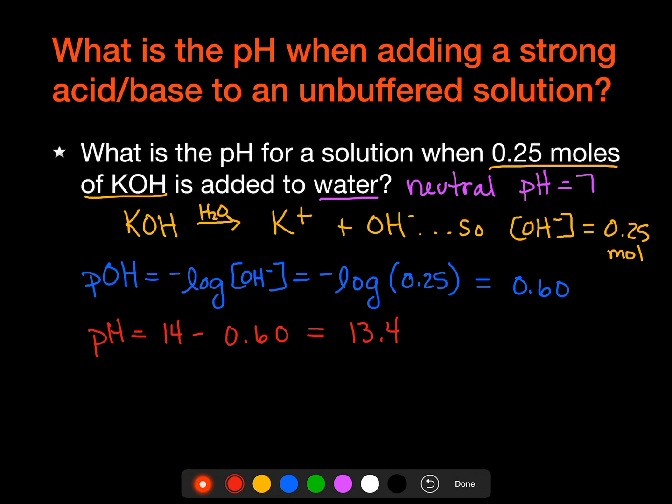13.4, okay? So if we go back and look at this, our neutral solution was a pH of 7, so the change in pH is going to be the difference between 13.4 and 7.